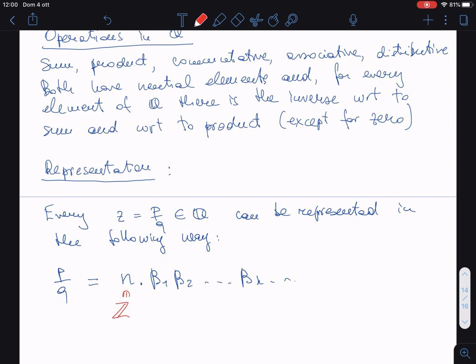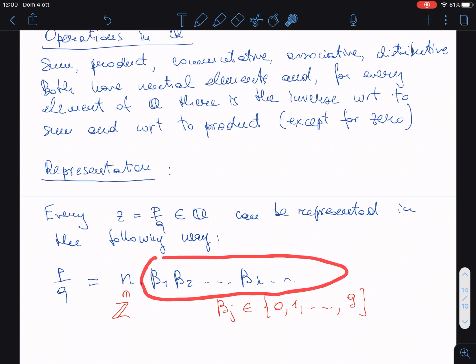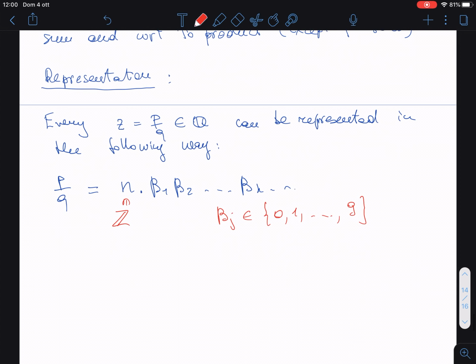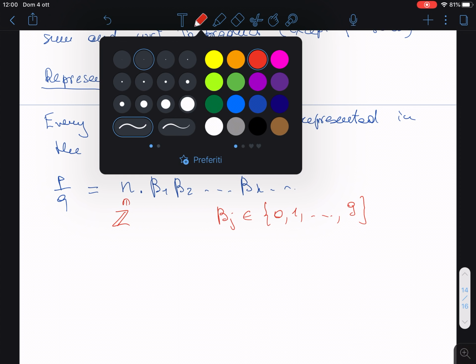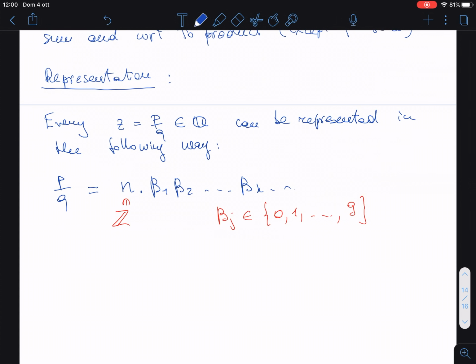And every beta j, with every index, is a number between 0, 1, up to 9. The string after the point is very important. This is the standard representation, and it is what you use every day.